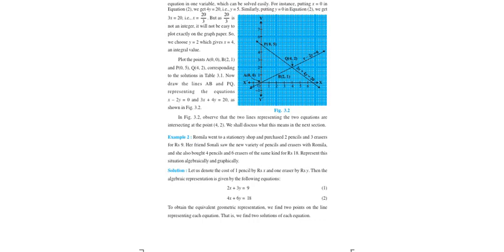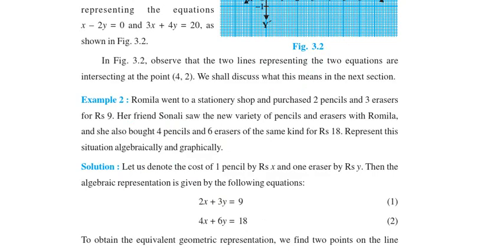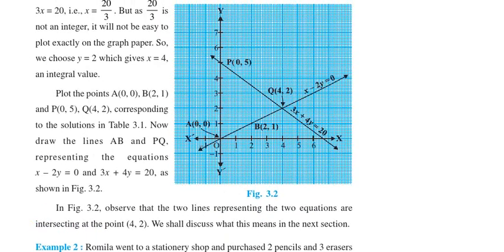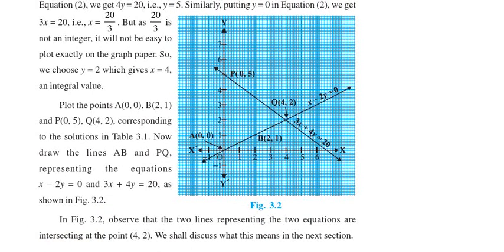If you see the graph, I think you can see this graph. In this graph, two lines are there, this is one line, this is the second line, and they intersect. So this is the intersecting case.